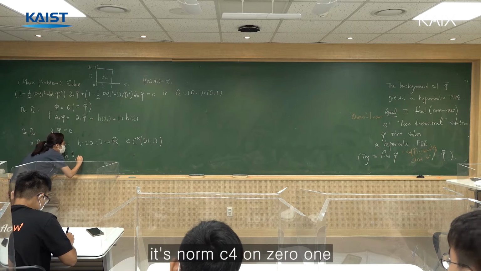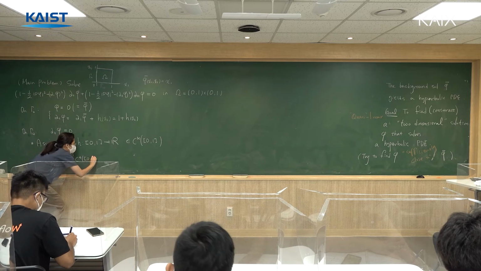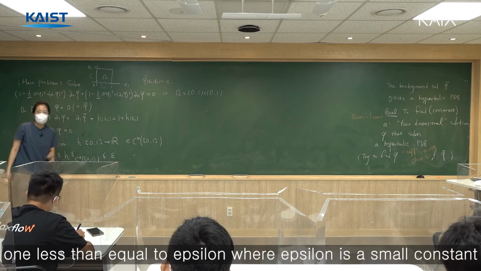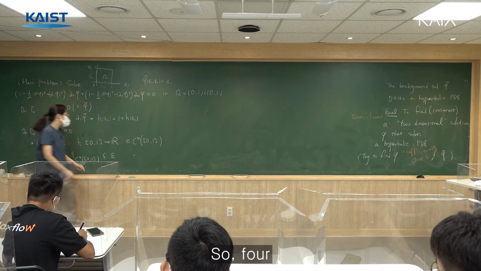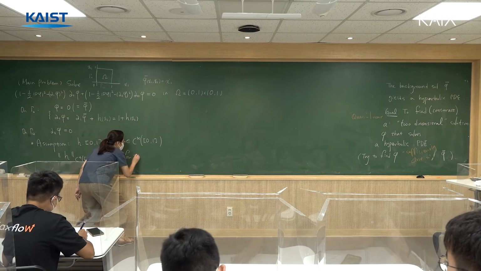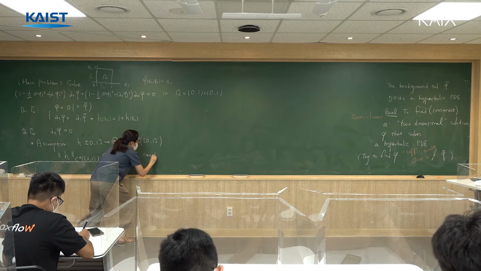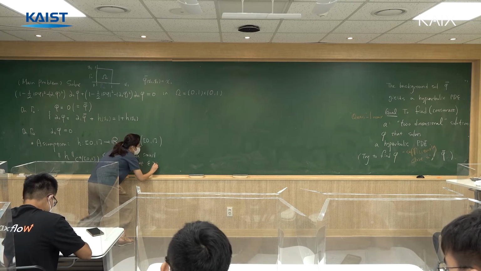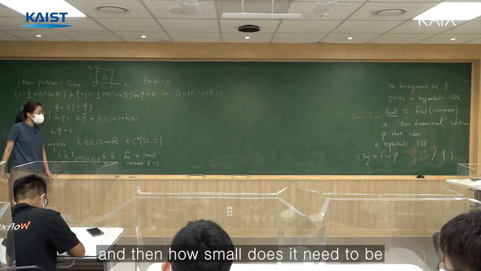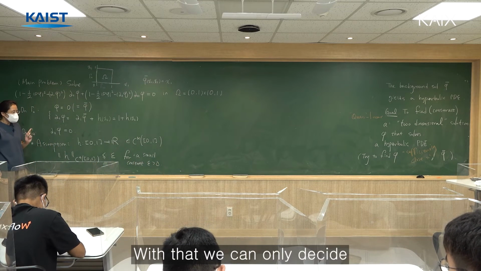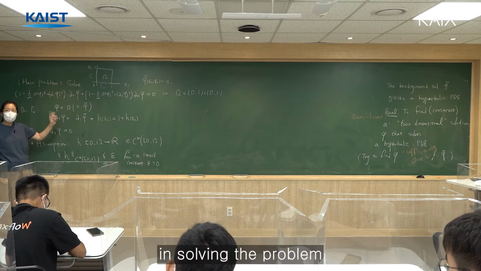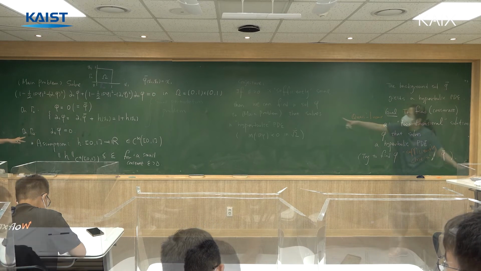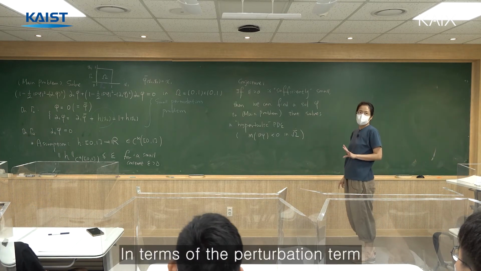It's norm C4 on 0, 1, you remember, less than or equal to epsilon, where epsilon is a small constant. And then how small does it need to be? Well, that we can only decide in solving the problem. That's the difficulty, okay? But we will just briefly develop in terms of the perturbation term, okay?